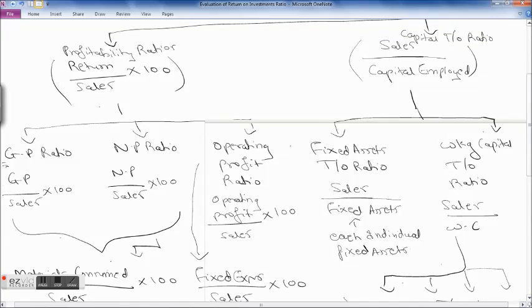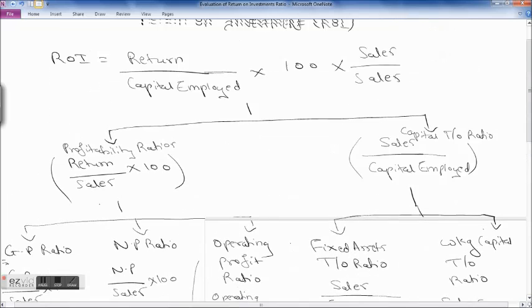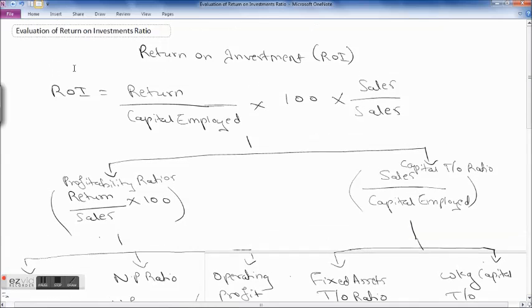If some ratio is higher or lower, you can evaluate it further to understand what is high or low, or the reason for a particular ratio being higher or lower compared to the industry standard. So this was the evaluation of return on investment ratios.